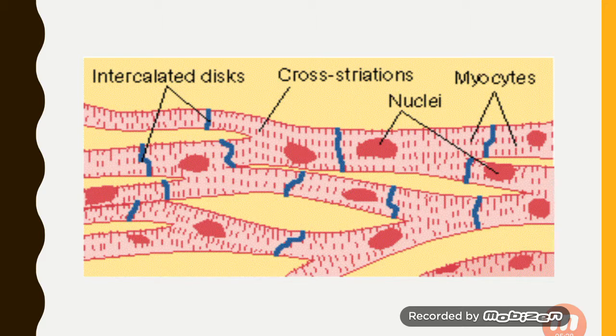In the diagram, you can see the structure of the cardiac muscles, the cross striations, and the myocytes, which are the cells, and the nuclei, which are situated near the center of the cells.